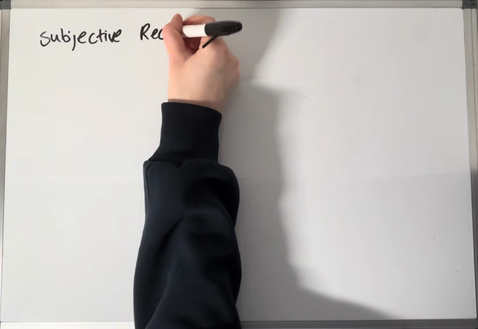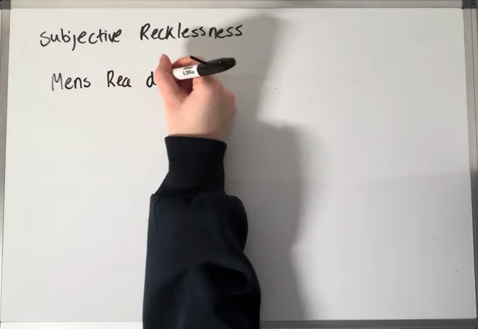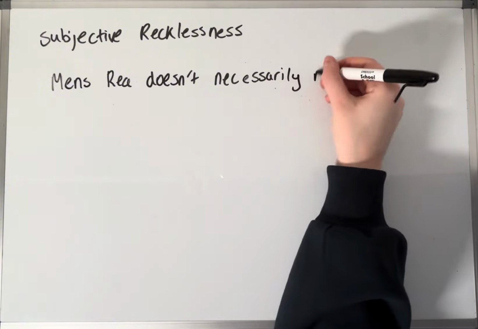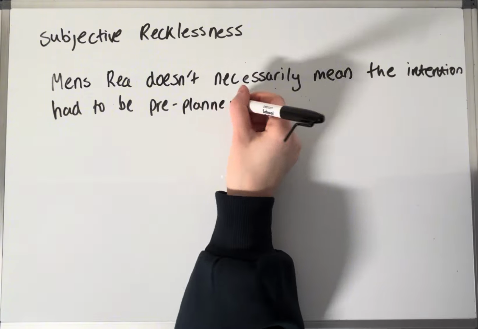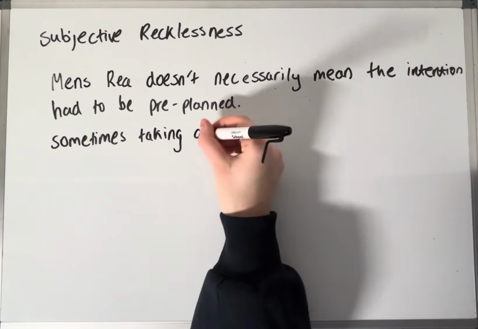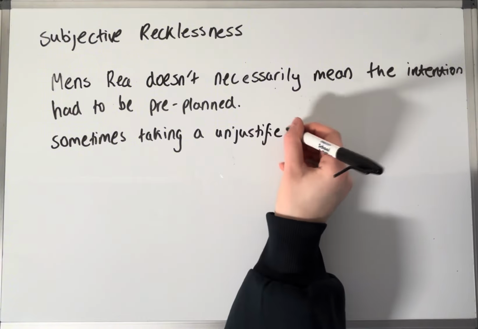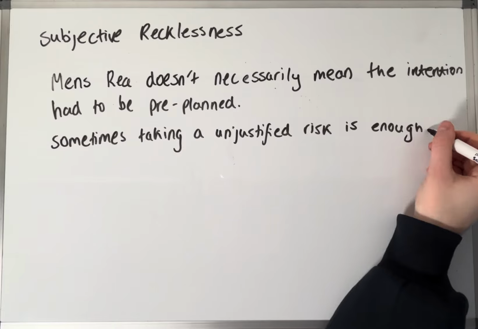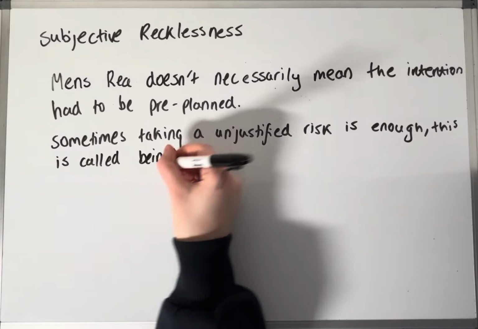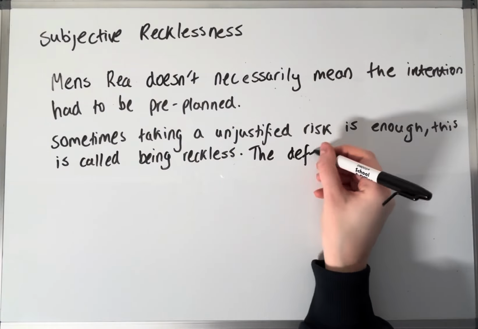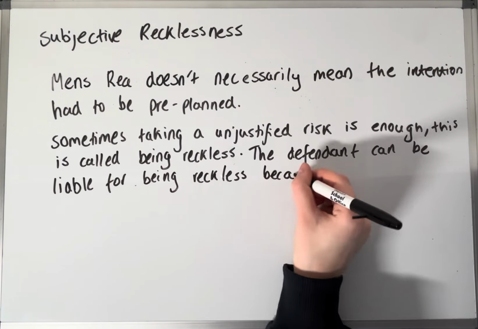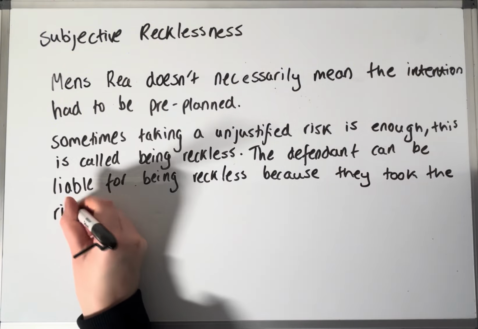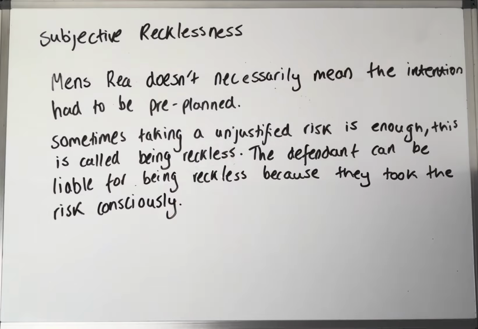Next is subjective recklessness. Now, mens rea itself doesn't necessarily mean that the intention was pre-planned. Sometimes just taking an unjustified risk is enough, and this is called being reckless. Now, the reason that the defendant can be guilty is because they took this risk consciously, and that's enough to amount to recklessness.